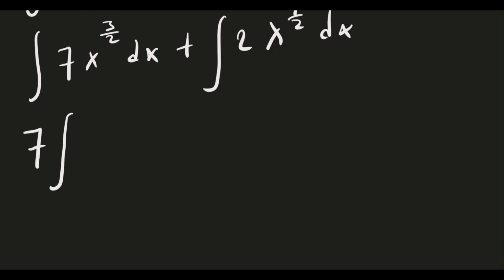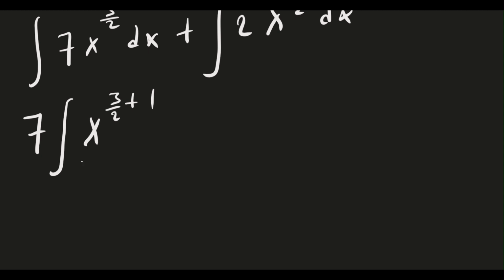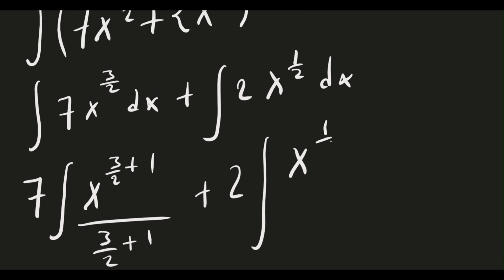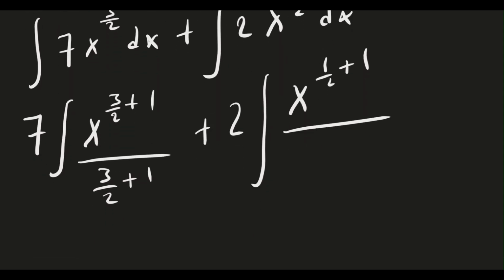That's going to give us x raised to the power of 3 over 2 plus 1 over 3 over 2 plus 1, plus, you can also bring the 2 across, the integral of x raised to the power of 1 over 2 plus 1 divided by 1 over 2 plus 1 here.